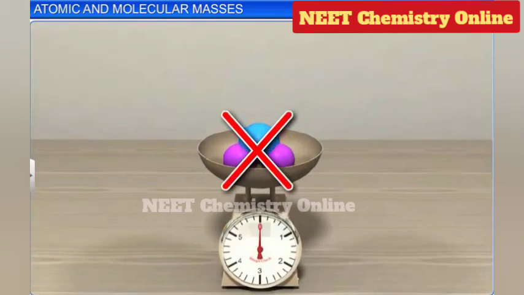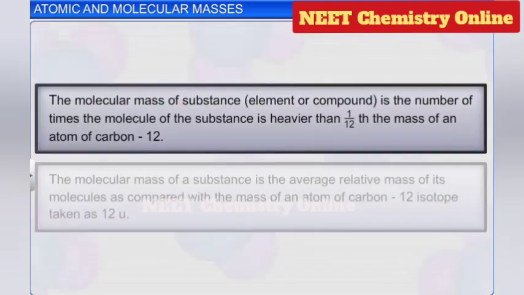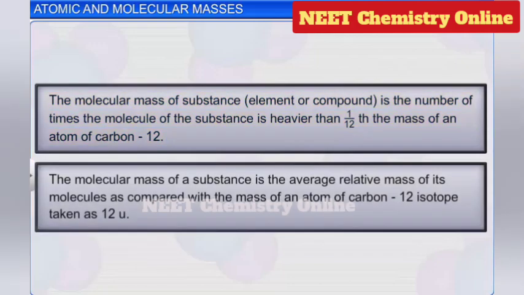Therefore, the molecular mass is determined relative to the mass of carbon atom taken as 12 U. The molecular mass of a substance, element, or compound is the number of times the molecule of the substance is heavier than 1/12 the mass of an atom of carbon-12. In other words, the molecular mass of a substance is the average relative mass of its molecules as compared with the mass of an atom of carbon-12 isotope taken as 12 U.